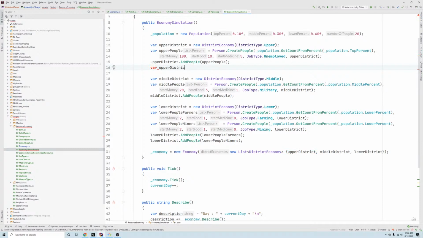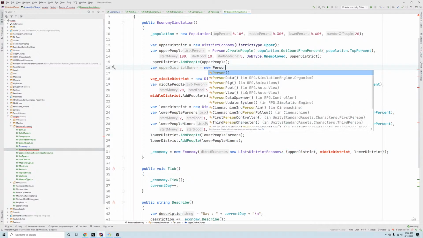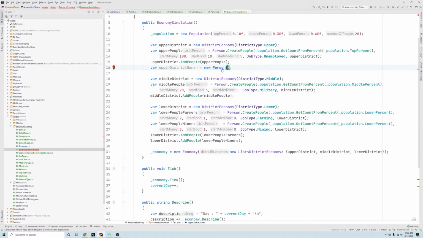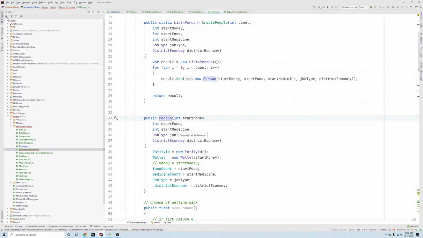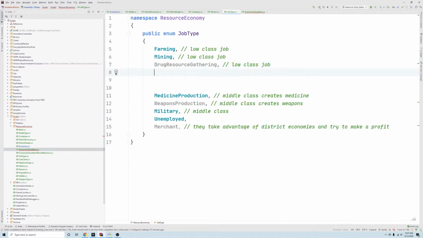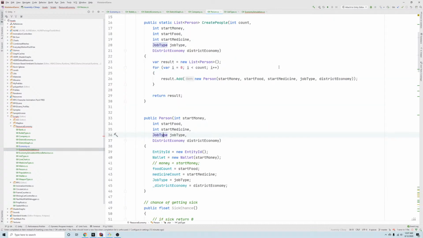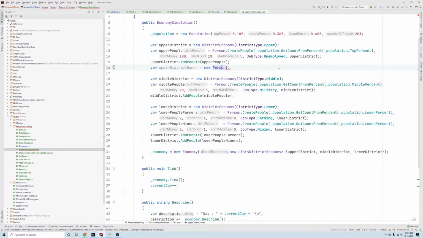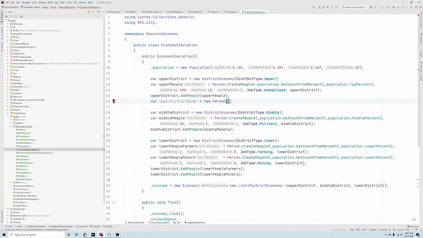So I can definitely improve this later. So give them a lot of money to start with.